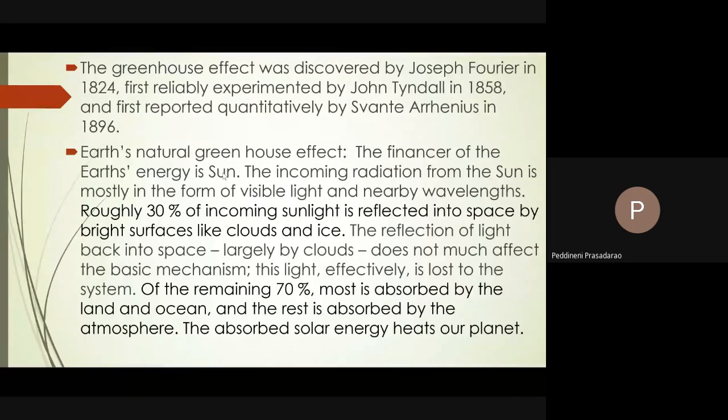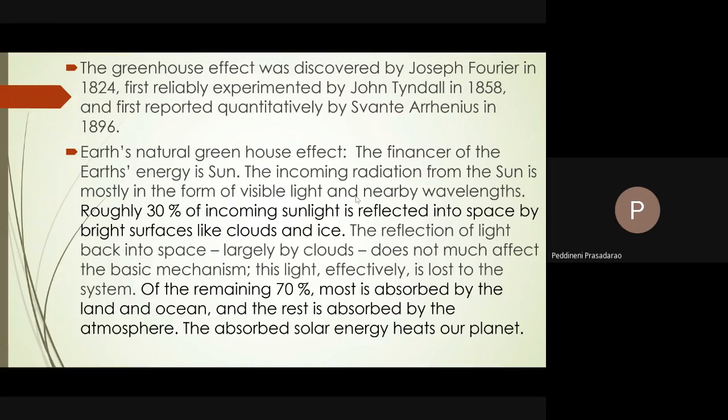The incoming radiation from the sun is mostly in the form of visible light, so the troposphere receives energy in the form of visible light or nearby wavelengths. Roughly 30% of it is reflected back into space by at least two bright surfaces.